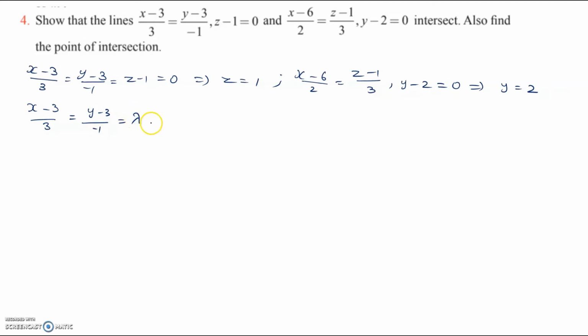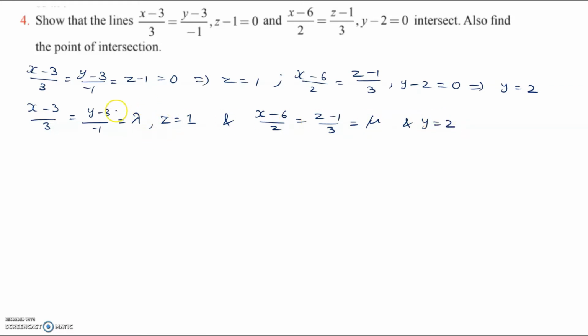And we know that in the first equation our z is equal to 1. Then in the second equation we can also say (x minus 6) by 2 is equal to (z minus 1) by 3 is equal to, let's say, mu, and our y is equal to 2 here.